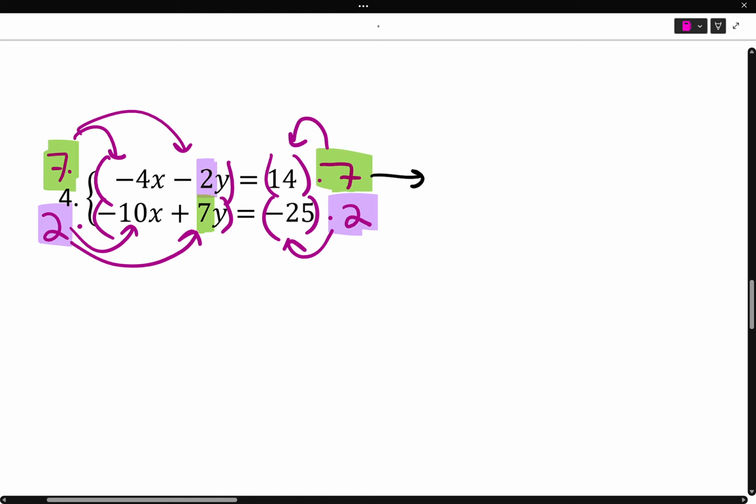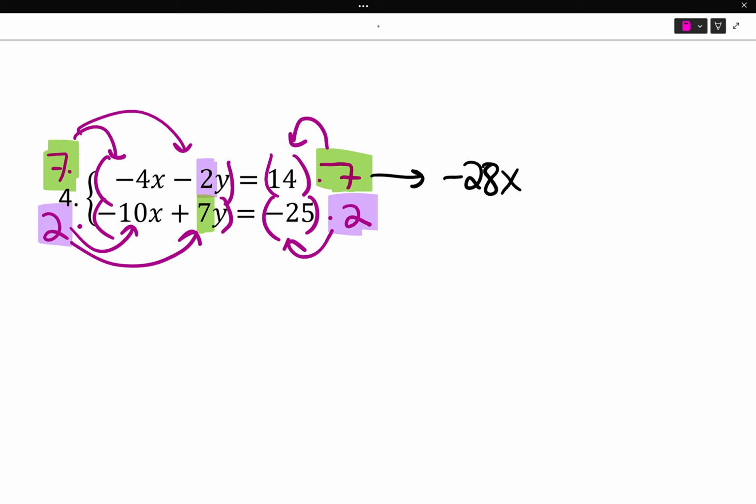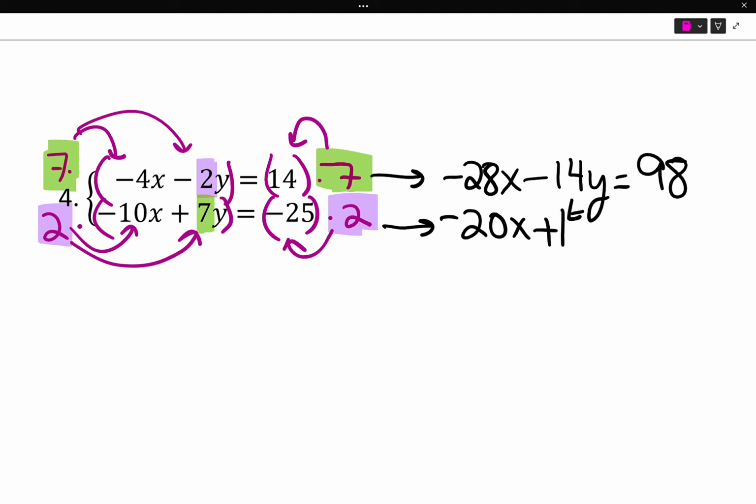7 times negative 4x is negative 28x. 7 times negative 2y is negative 14y. 7 times 14 is 98. 2 times negative 10x is negative 20x. 2 times 7y is 14y. 2 times negative 25 is negative 50.